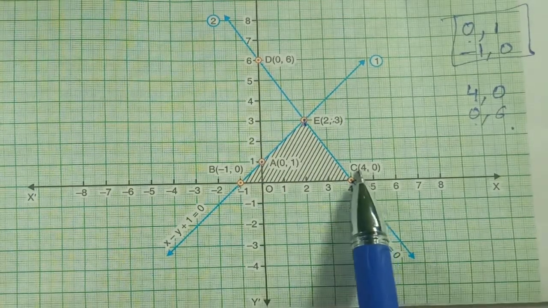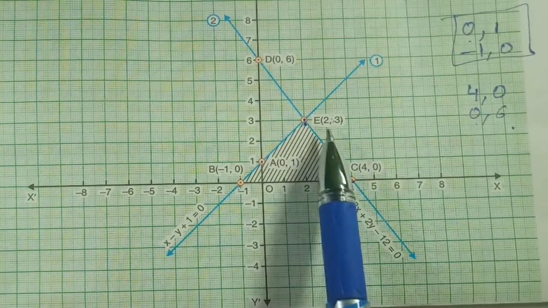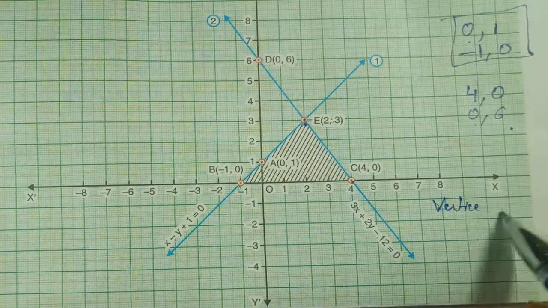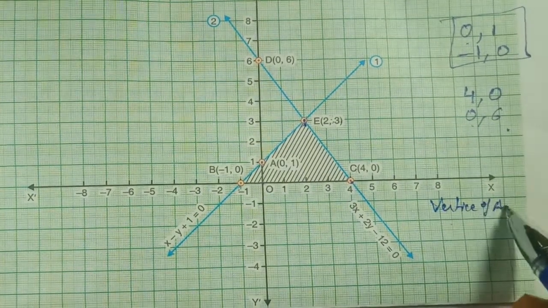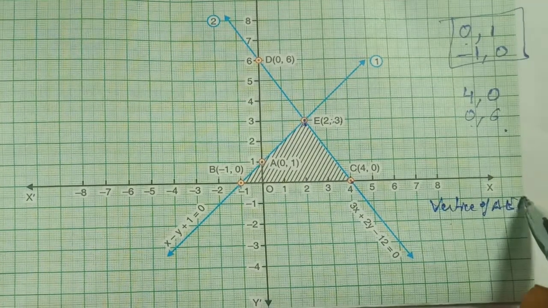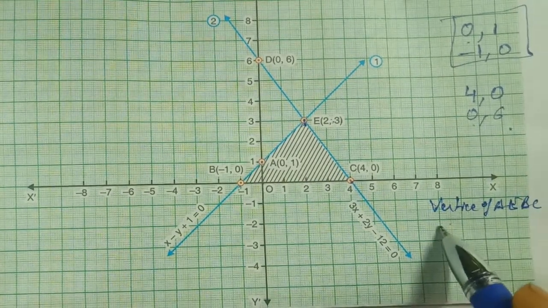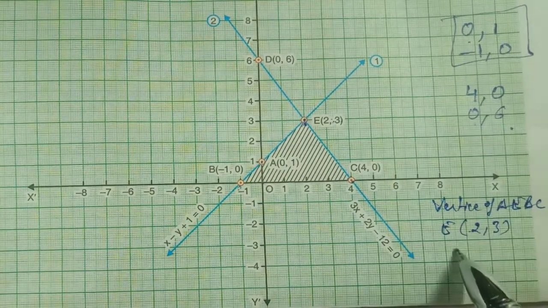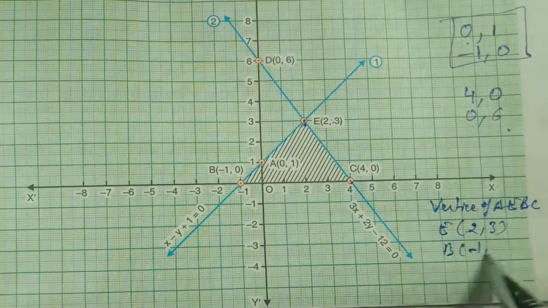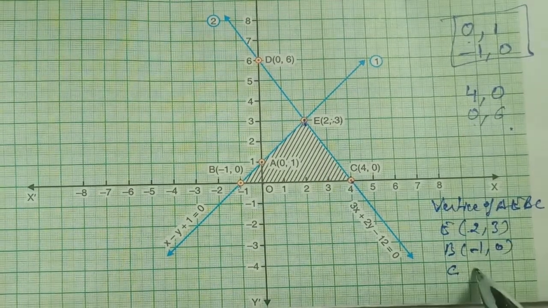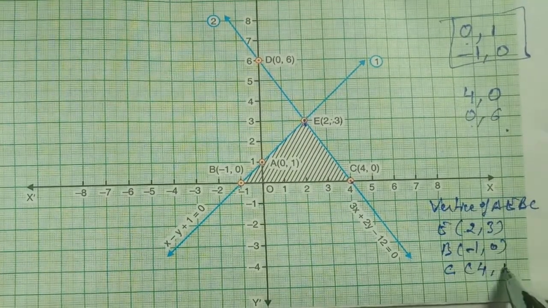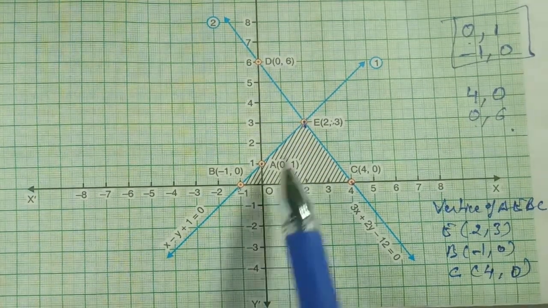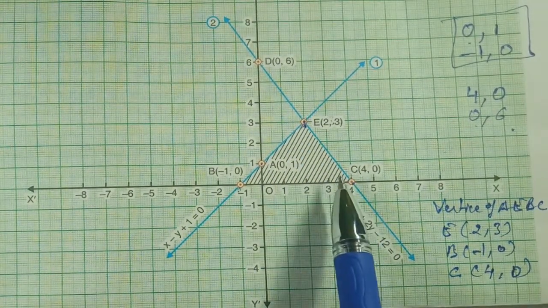And the third one is C, 4 and 0. So the vertices of triangle EBC are: E, its coordinates are 2, 3. B, its coordinates are minus 1 and 0. C, its coordinates are 4 and 0. So this way we can find the coordinates of the vertices of the triangle.